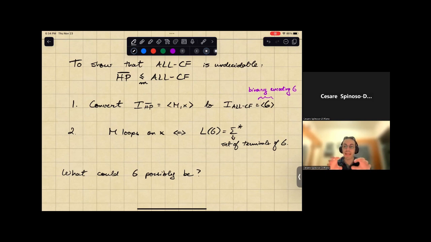So if you're writing down each of the configurations M visited when running on X, then that sequence of configurations will be infinitely long.